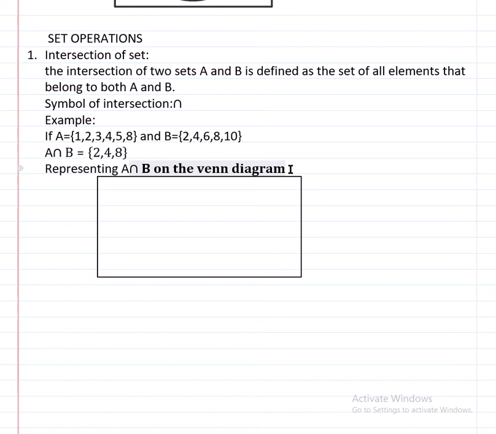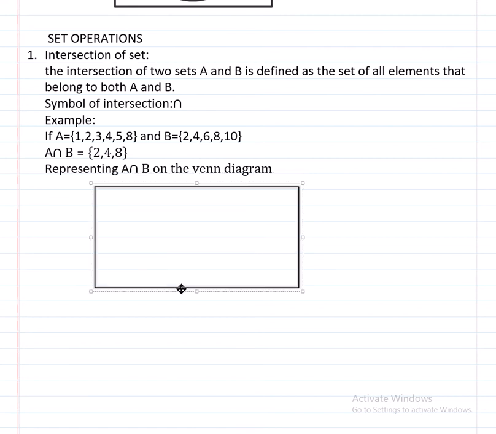How do we do it? This is where we draw our universal set.